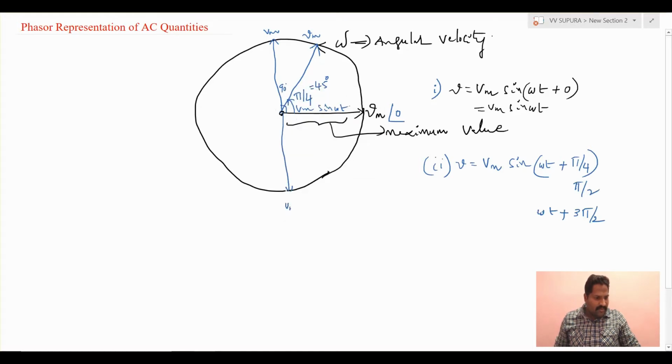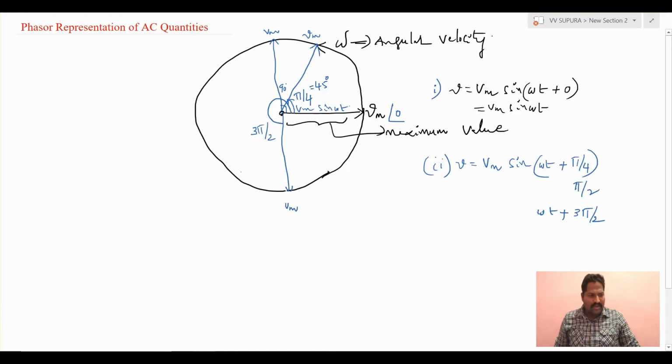It is Vm, and this will make an angle of 3 pi by 2. So in this way I can represent different waveforms in vector notation, and this is also known as phasor representation of AC quantities.